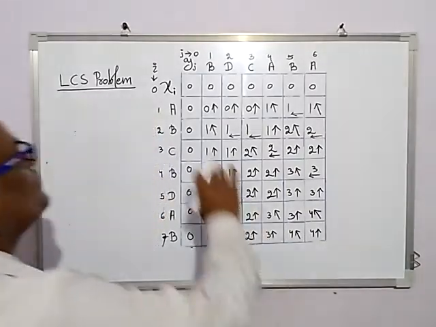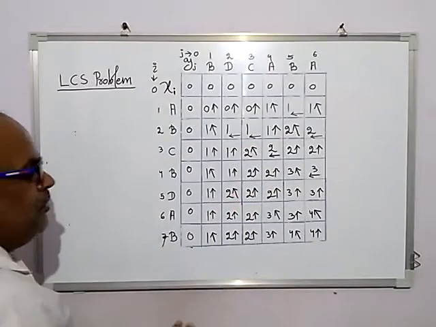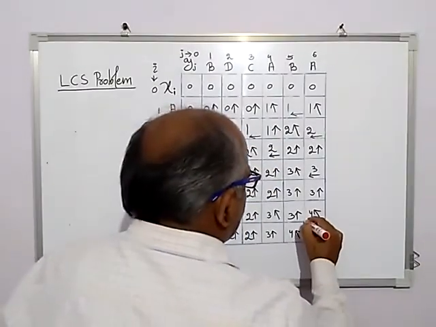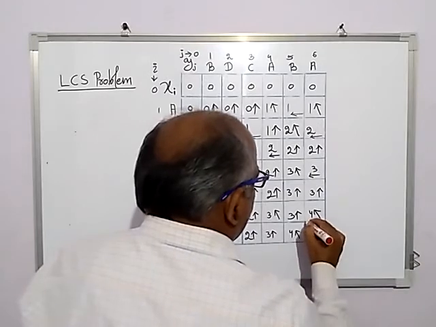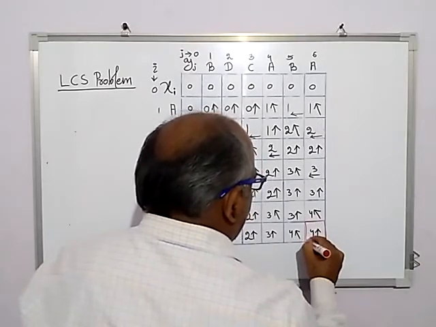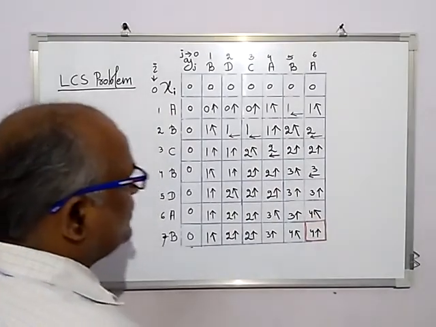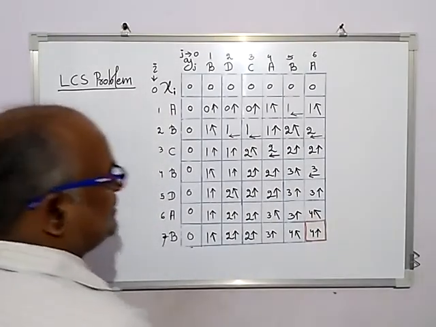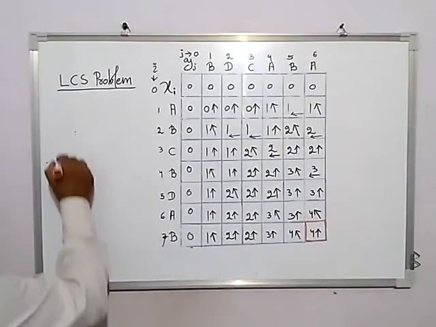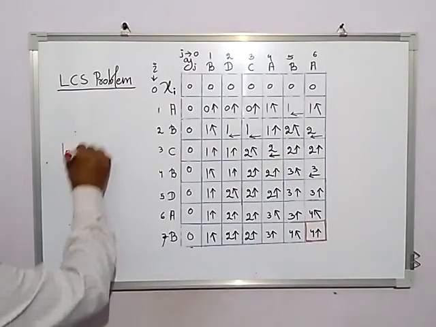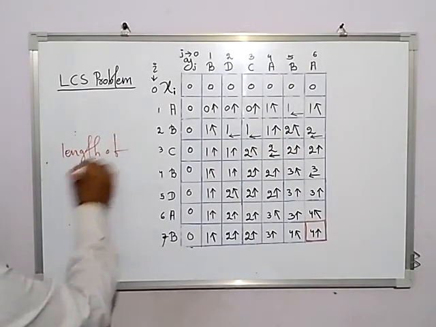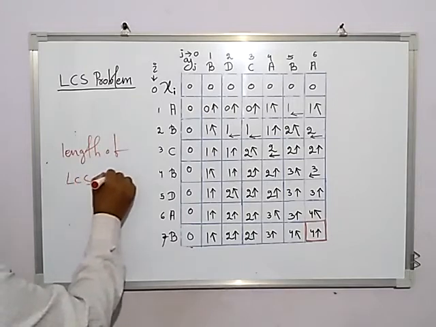After completion of the table, the lower right hand side corner box holds the length of LCS. So here 4 is the value, so length of LCS equal to 4.